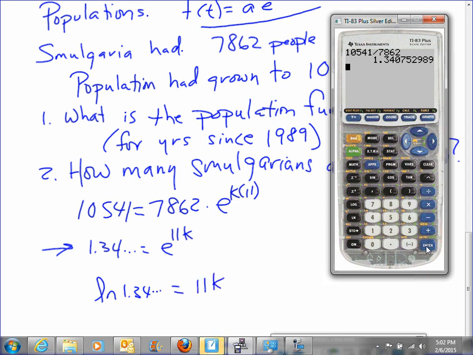So k is going to be the natural log of 1.34, etc., divided by 11. That's pretty easy to do because I have that number right in here. So I can just say natural log of the answer that I have sitting there, close paren, divide 11.